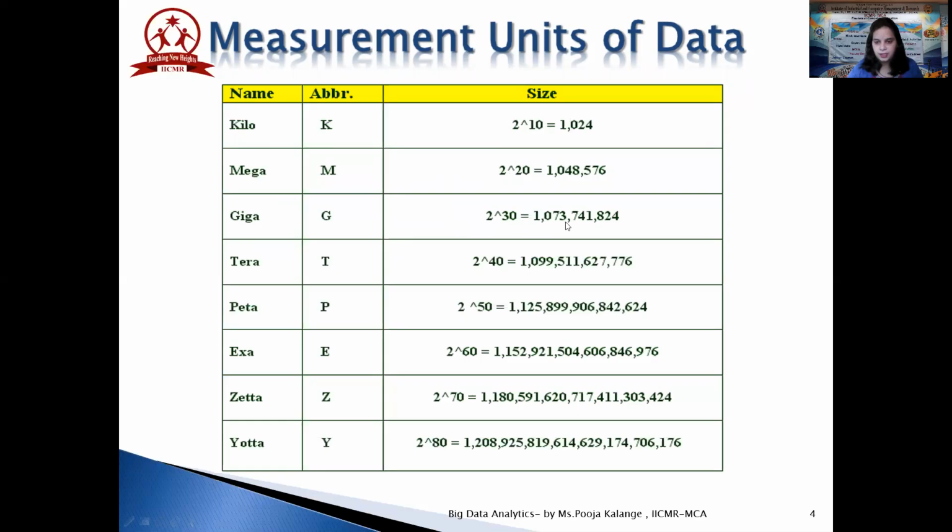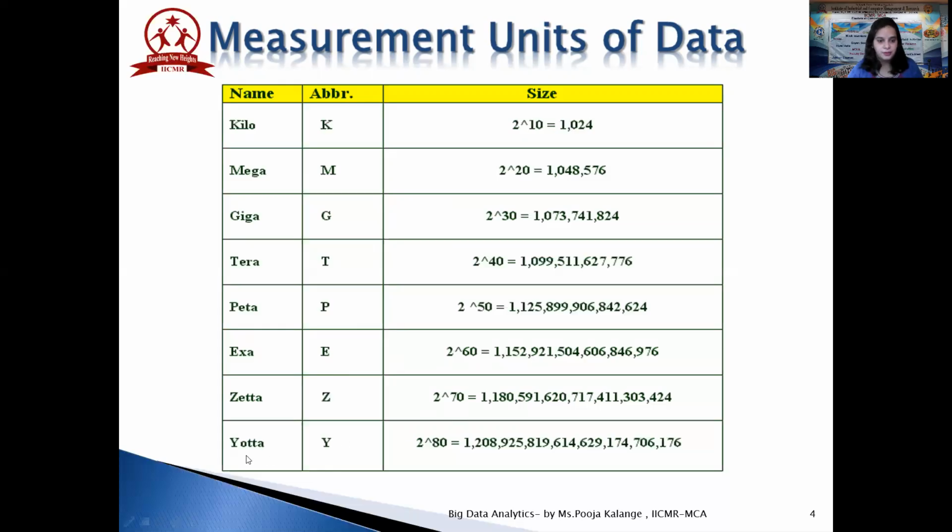Then we have the gigabyte, which is 2 raised to 30. The representation in numbers is a very big one. Then comes the terabyte, which is 2 raised to 40. Then the petabyte, that is 2 raised to 50. Then the exabyte, that is 2 raised to 60. Then we have the zettabyte, 2 raised to 70.